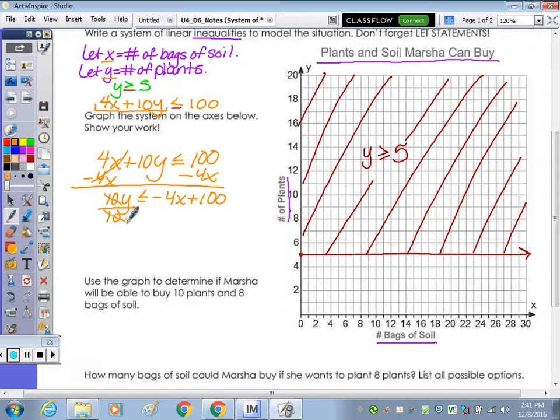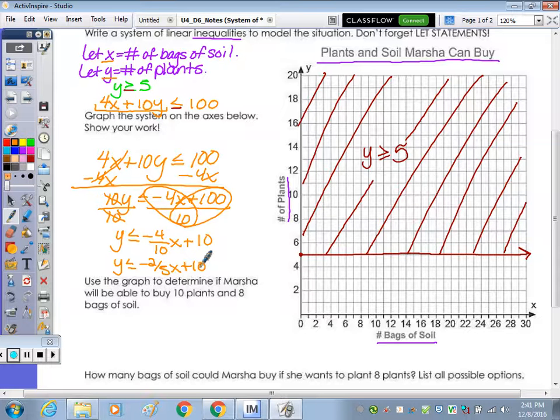Divide by 10, 10's cancel, and we have y is less than or equal to. Because we can't divide 4 by 10, we leave it. Negative 4 tenths x plus, and then 100 divided by 10 is 10. 4 tenths can be reduced. In simplest form, that would be what? 2/5. So y is less than or equal to negative 2/5 x plus 10.